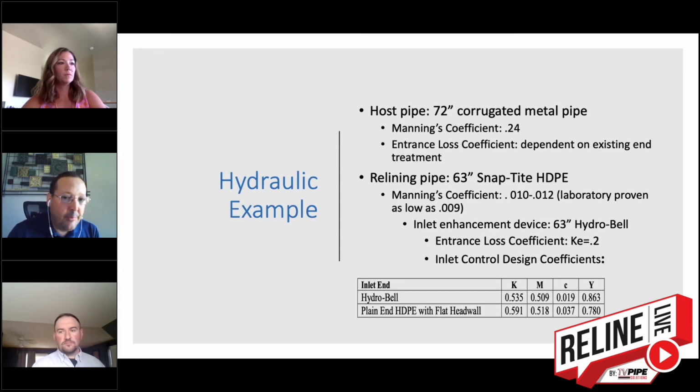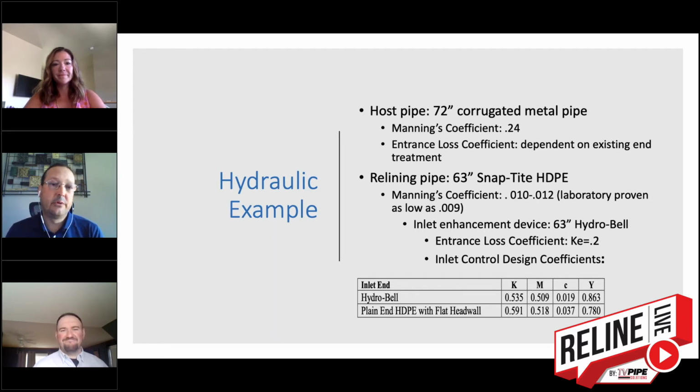So we presented this example, which was one specific example that we have done, and this was a 72-inch corrugated pipe with a 0.24 Manning's. The entrance loss of this particular example was, well, we don't know.